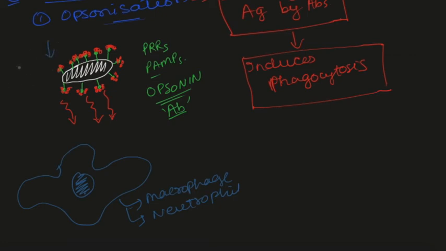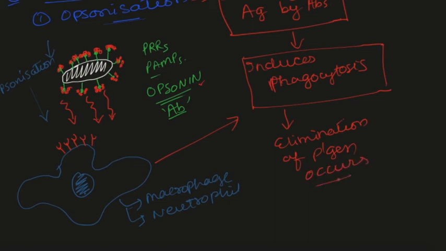The process of labeling an antigen with antibodies is called opsonization, and through it, certain receptors on the surface of the phagocytes identify the opsonin component. When the labeled antigen interacts with the phagocyte, the phagocytic mechanism is induced and elimination of the pathogen occurs.